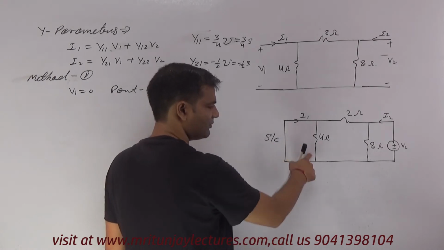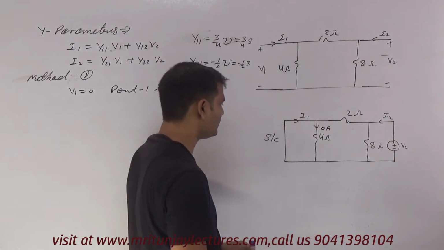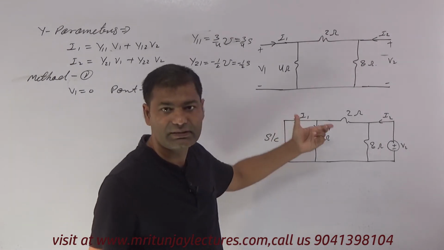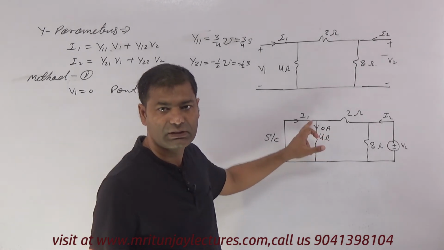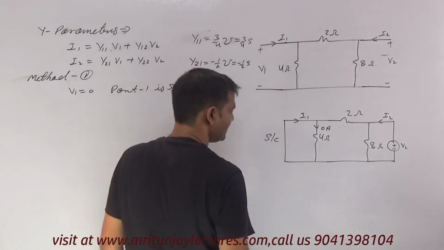No current flows in the 4 ohm, meaning 0 ampere. Why? Because this one is short circuit, so voltage divided by resistance is 0. Current in the 4 ohm resistance is 0 because both are parallel.